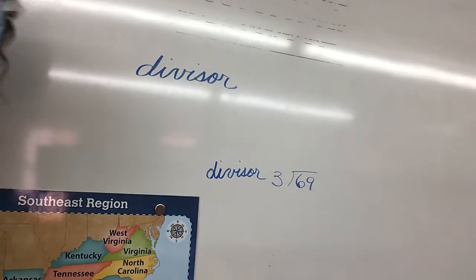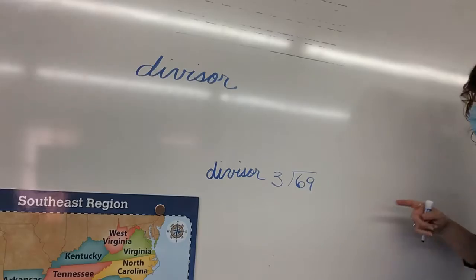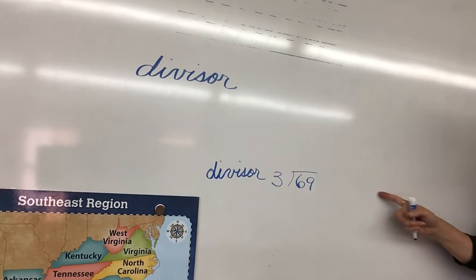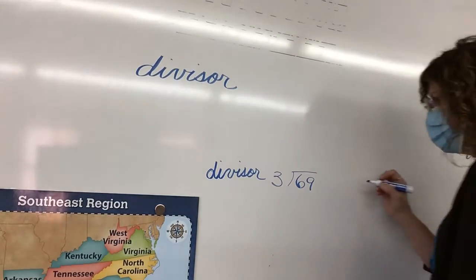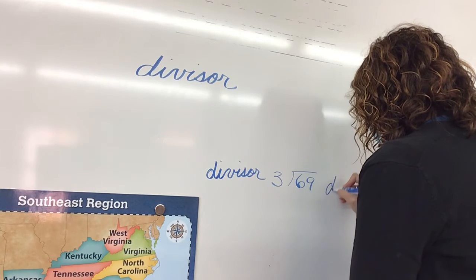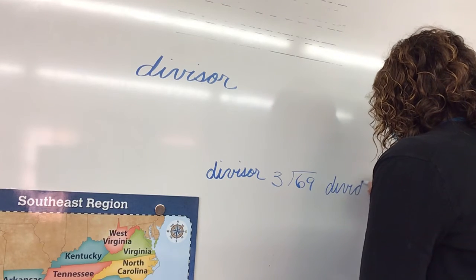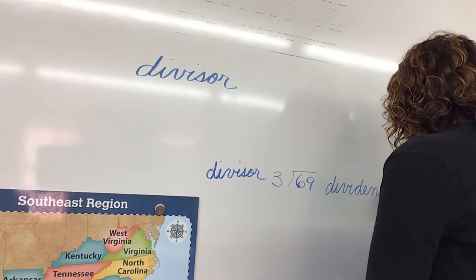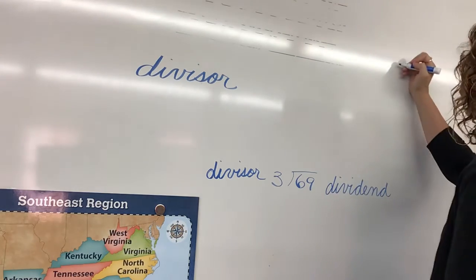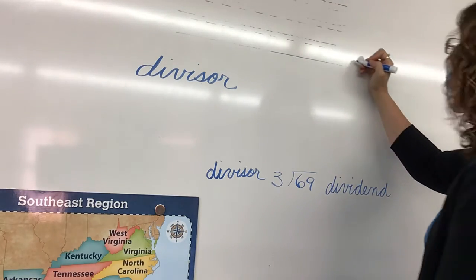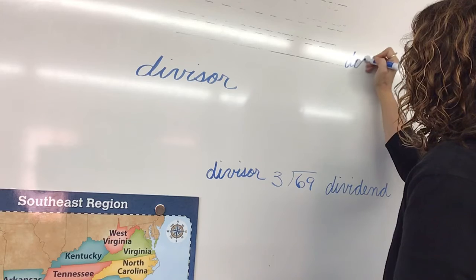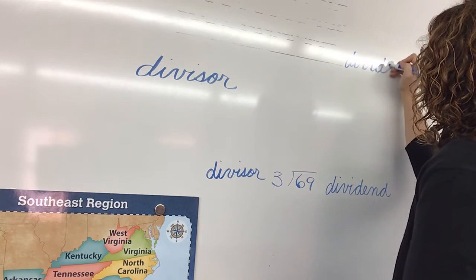All right, for those of you who finished writing divisor, the number by the 69 is called the dividend. I'm going to write it down here where you're supposed to put it, and I'll write it big up here. It is called the dividend.